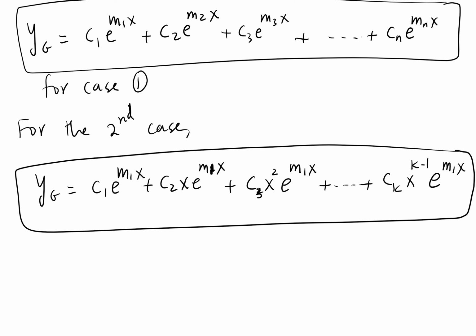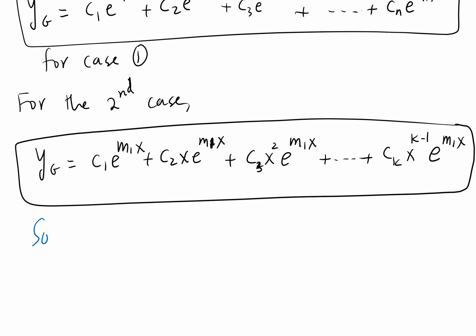For the meantime, let's look at an example. Solve y triple prime plus 7y double prime plus 15y prime plus 9y equals 0.